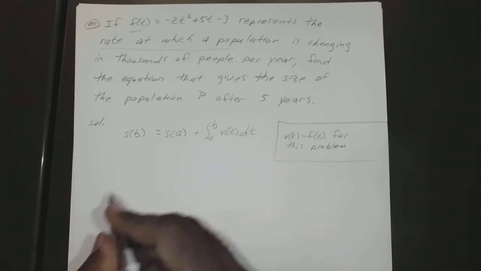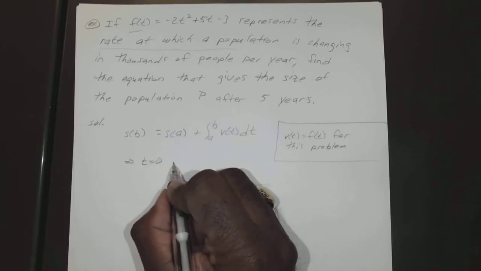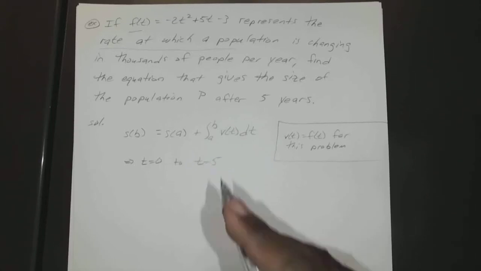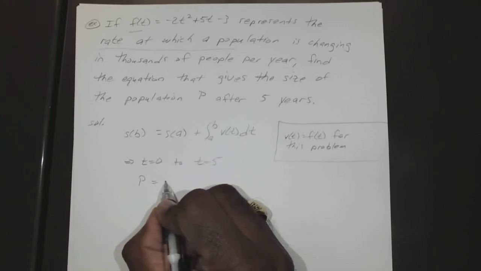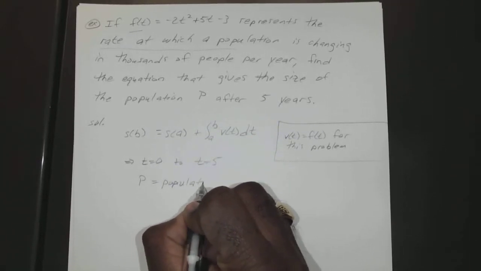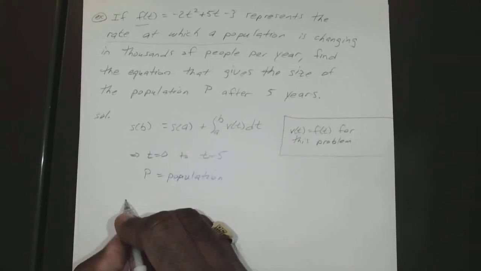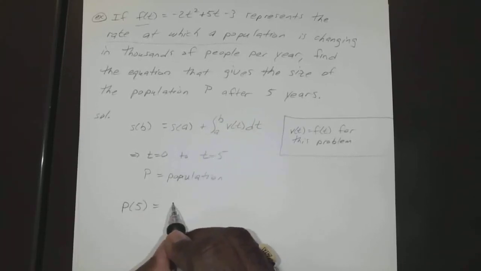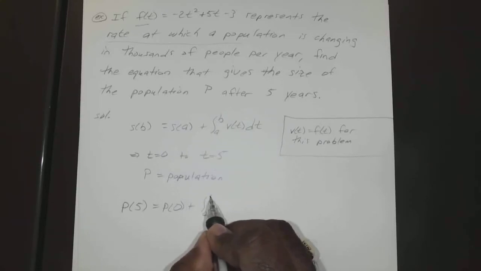Okay, so again, we know that we're going from t equals 0 to t equals 5. And our P is our population. Okay, so instead of S of B, we're just going to make it P of 5 equals P of 0 plus the integral from 0 to 5.